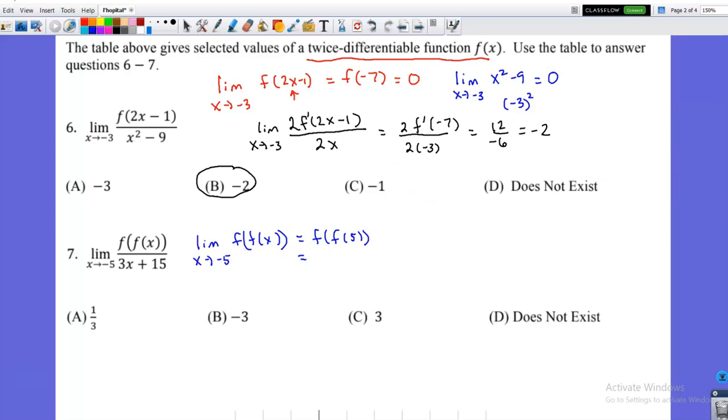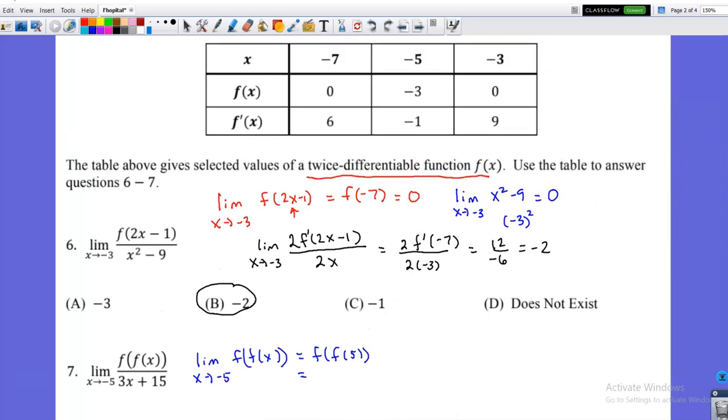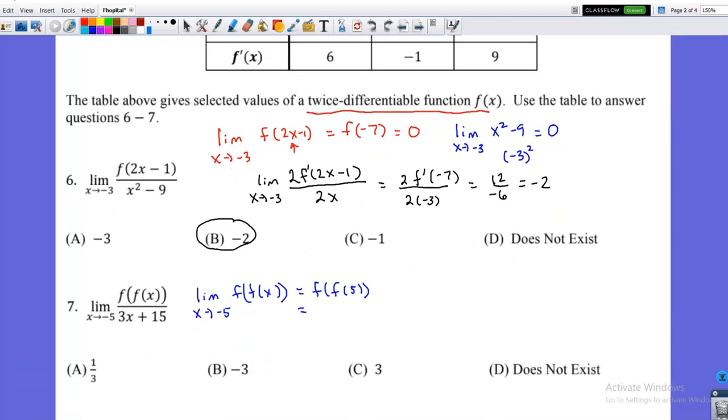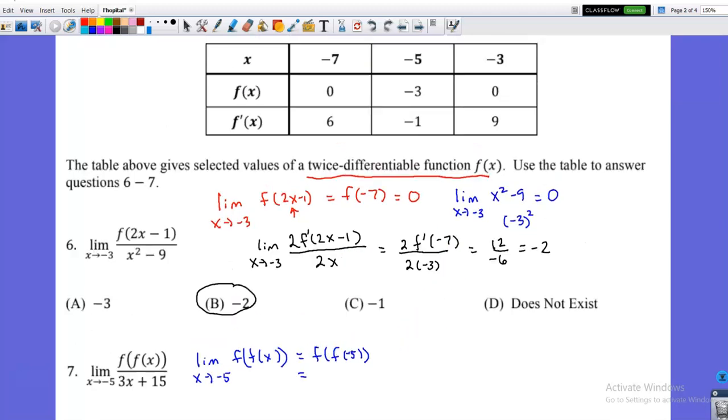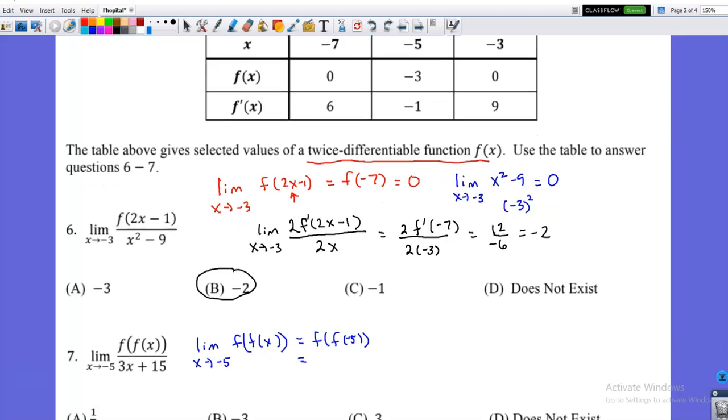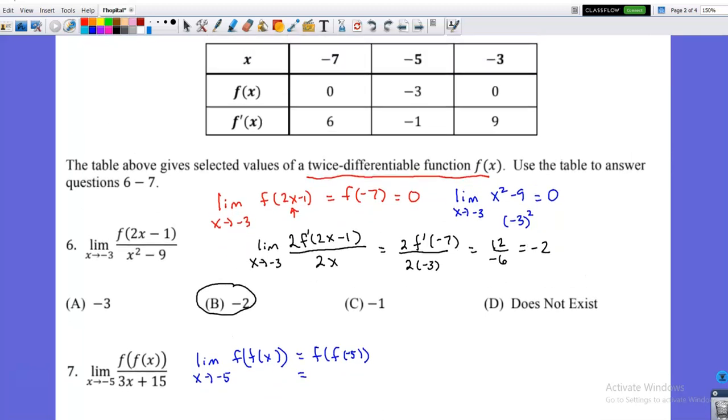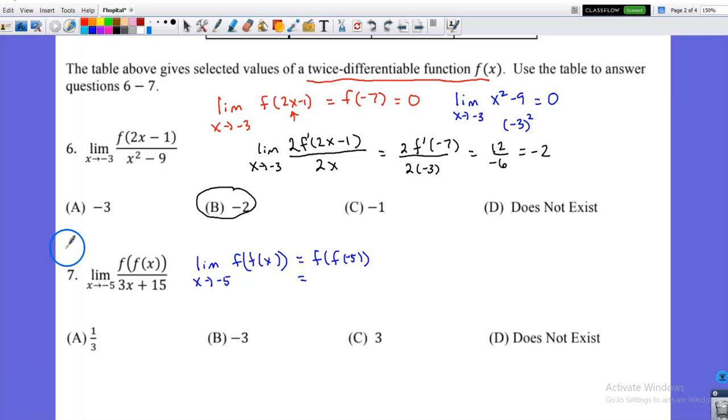And according to the table above, okay, that was a -5. Thank you for those of you who pointed that out, but you couldn't tell me in the video. F of -5 is -3, and f of -3 is 0. That's from the table above.